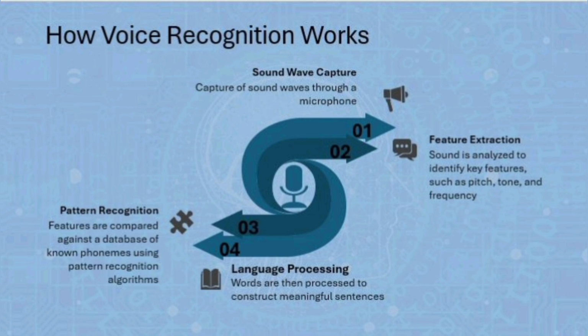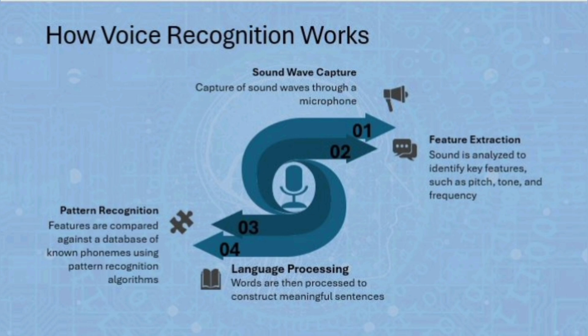The second step is feature extraction. The digitized sound is analyzed to identify key features such as pitch, tone, and frequency. This step helps distinguish different phonemes, the smallest units of sound that make up words. Techniques such as Fourier transforms and Mel frequency cepstral coefficients are commonly used for feature extraction.